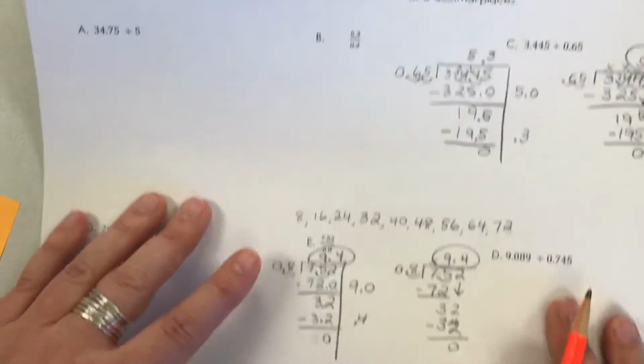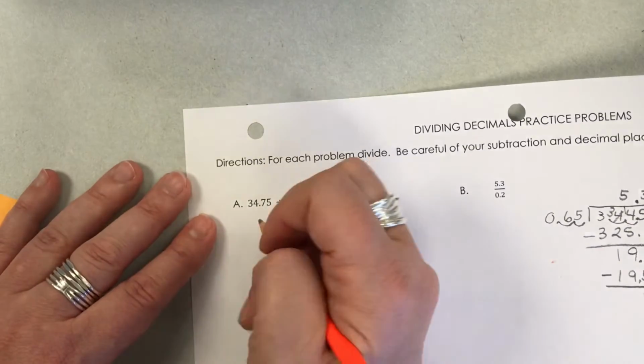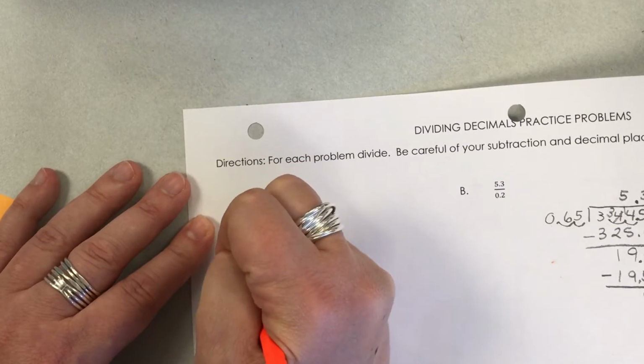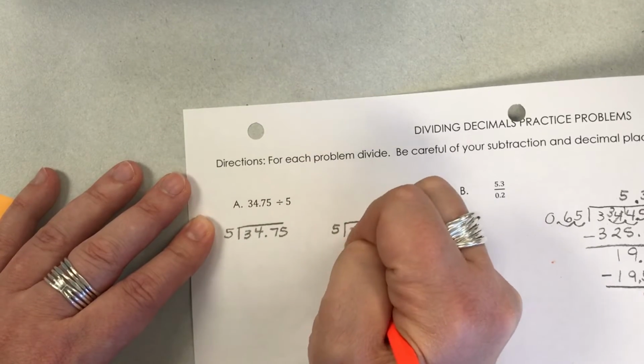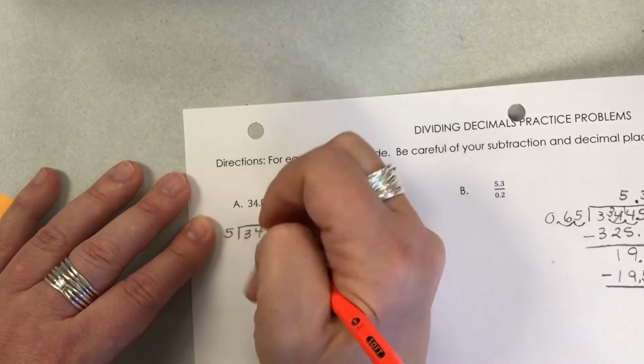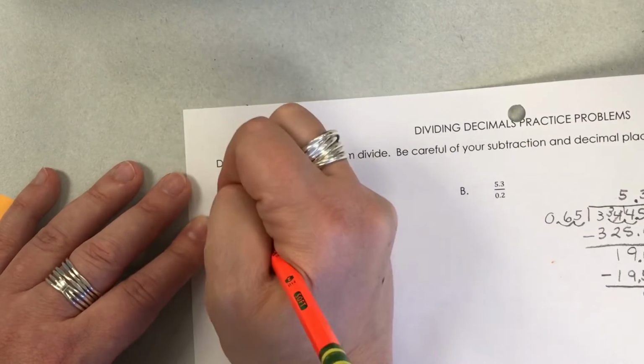Last one. If there is no decimal in the divisor, then you just bring it straight up. List your 5s.